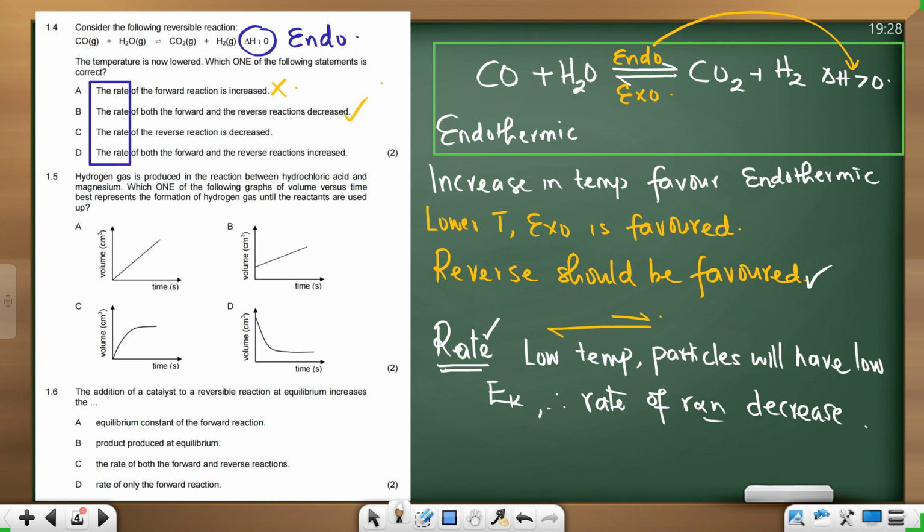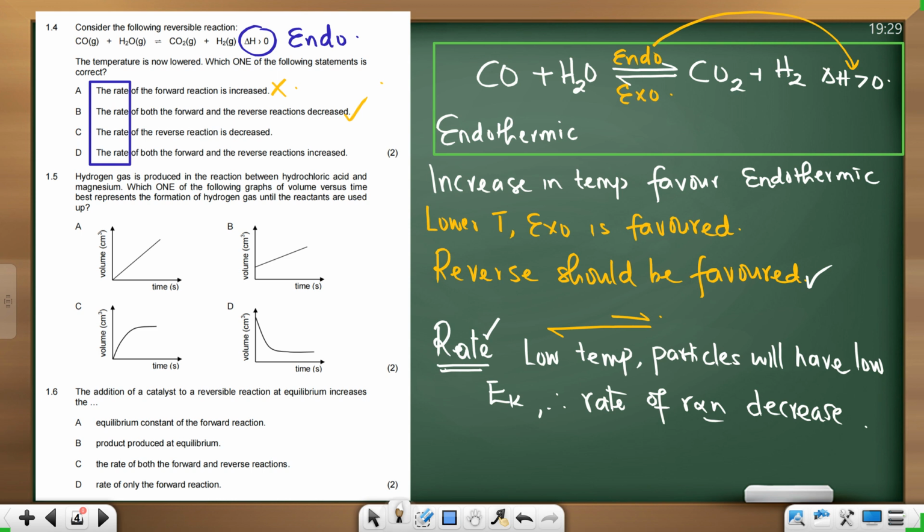Again, this is rate of reaction now. What would your answer be? 1.5. What would you choose? What would you choose? This is rate of reaction. Which one of the following volume versus time graphs best represents the formation of hydrogen gas?